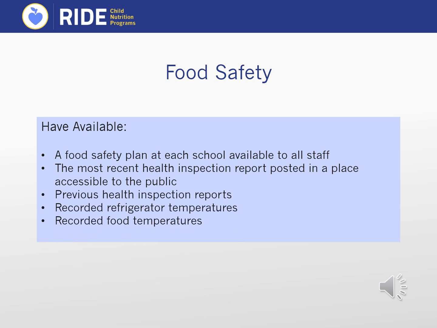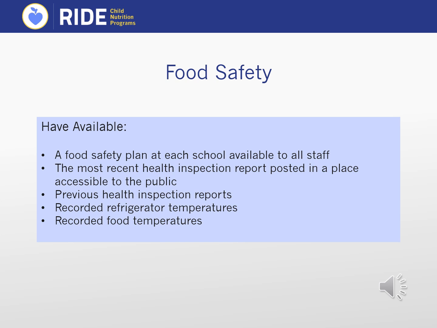Food safety. Food safety requirements include having available a food safety plan at each school, accessible to all the staff, the most recent health inspection report posted in a place accessible to the public, so not hidden in the kitchen, and previous health inspection reports.